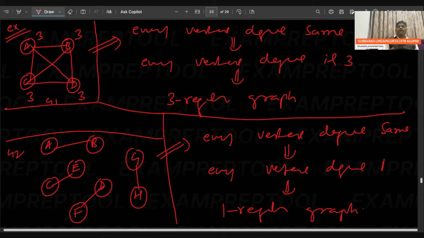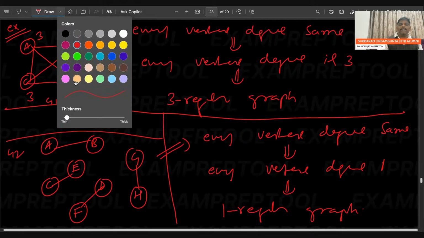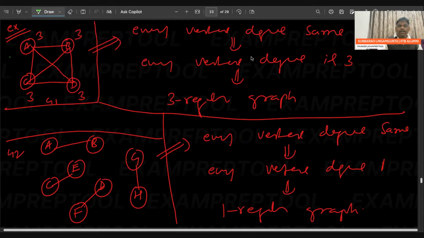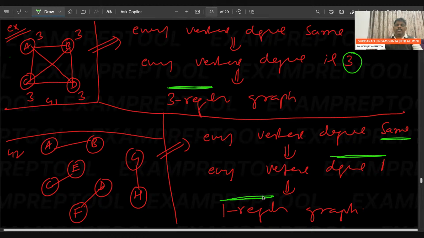Try to remember, in the given simple graph, every vertex degree is the same. That is called a regular graph. Suppose every vertex degree is 2, it is a 2 regular graph. Every vertex degree is 3, so 3 regular graph. Every vertex degree is 1, so 1 regular graph. So that is called a regular graph.